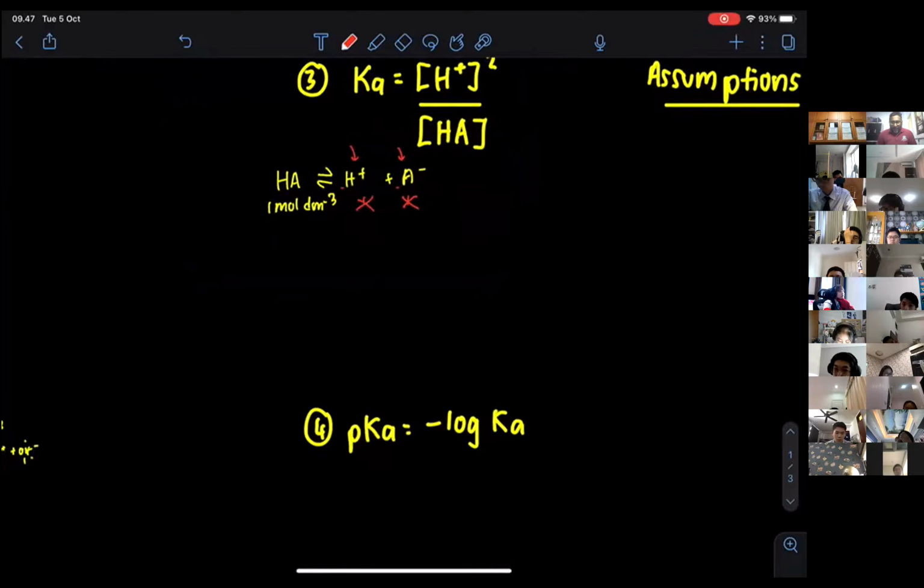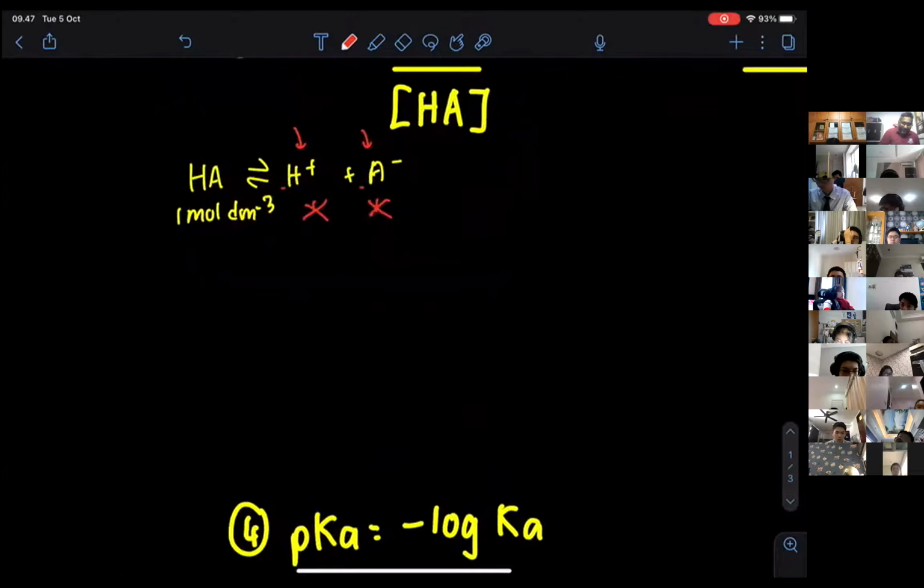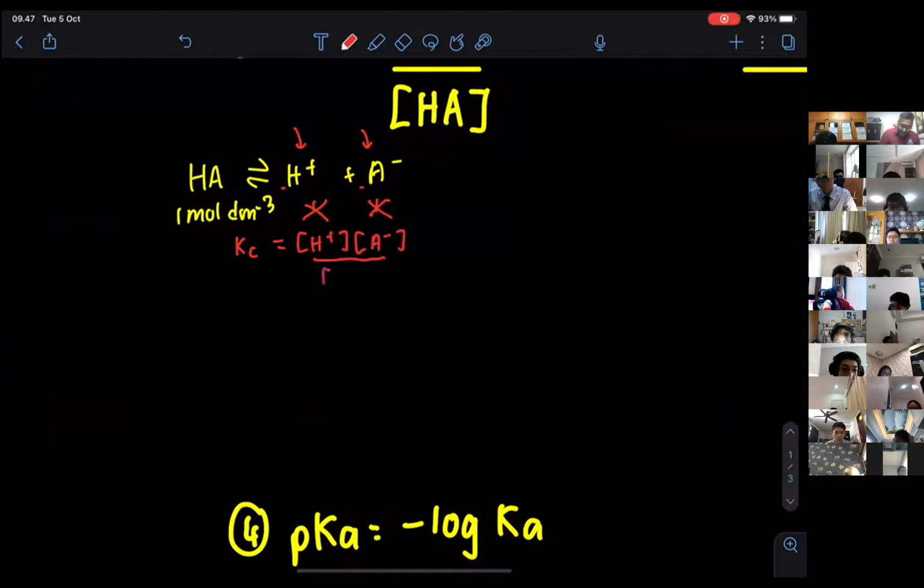So here, if I want to write down the Kc, normally how do I write it? I will write down the concentration of this divided by HA, and normally we write it when they are at equilibrium. Do remember there are a few assumptions being made. The assumption is I am taking the concentration of H plus directly from the weak acid.